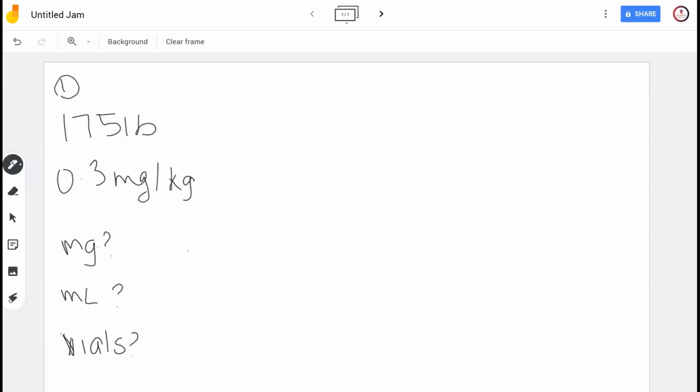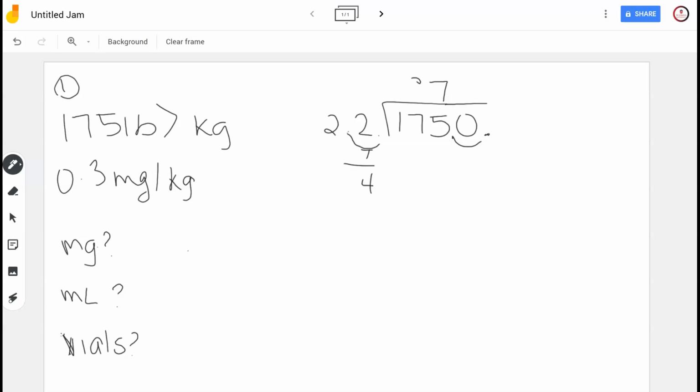Alright, so it's a 3-part question. So first things first, you're going to transfer your pounds to kilograms. So that means 2.2 into 175. You're going to move that decimal point over and add your 0. So 22 goes into 175 7 times. 14.